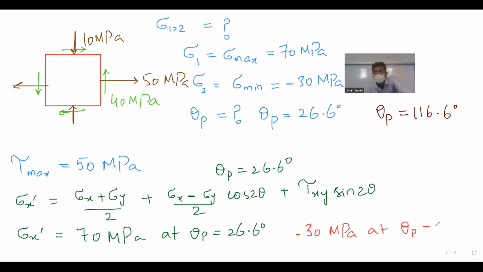Boom, 116. And how many students agree that instead of this stress x prime, what should I write? Stress 1. And how many agree I should write, for minimum, 2. 2 means minimum. So maximum stress is 70 megapascal at 26.6.